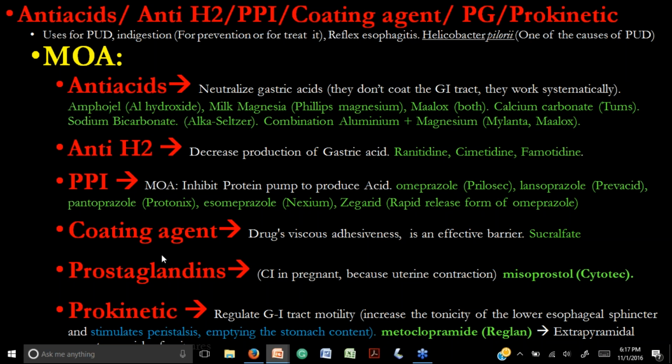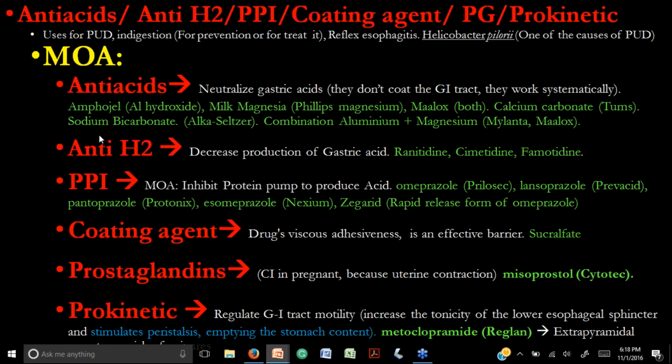Those three are very high yield for NCLEX. They are not going to give you Amphojel by name, but they put aluminum hydroxide. Somebody is coming, just a moment. Okay, Anna, thank you for coming.